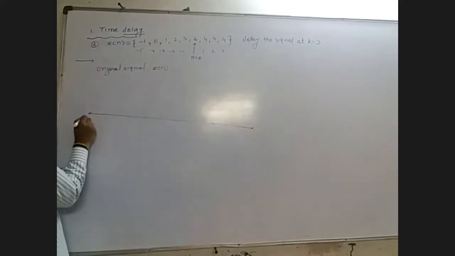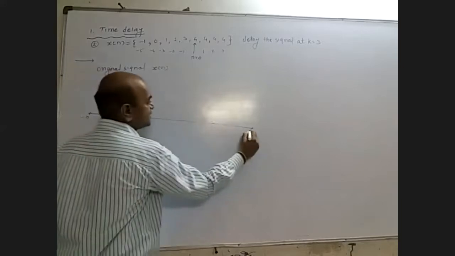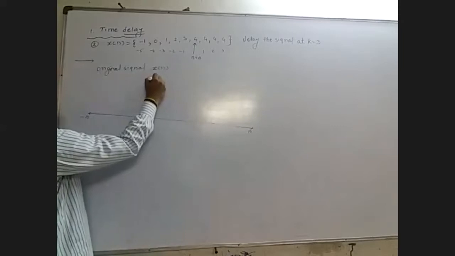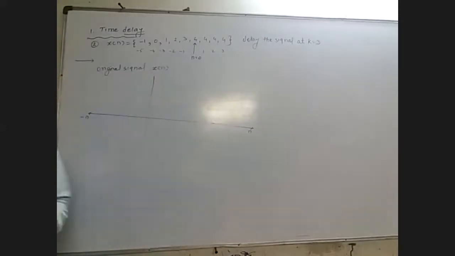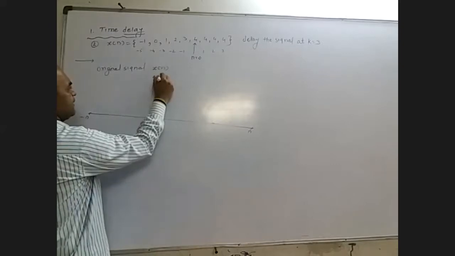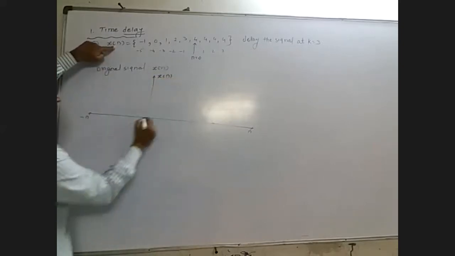I write here -n. In this problem, -n is represented as well as n is represented. So I draw it. Here I write x of n. Now go and plot all those points.